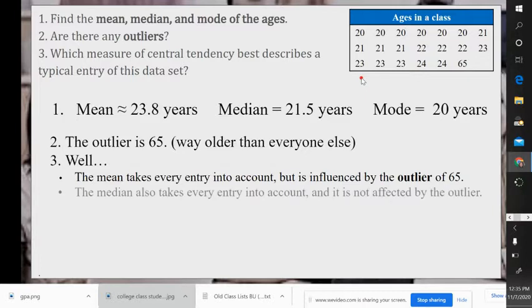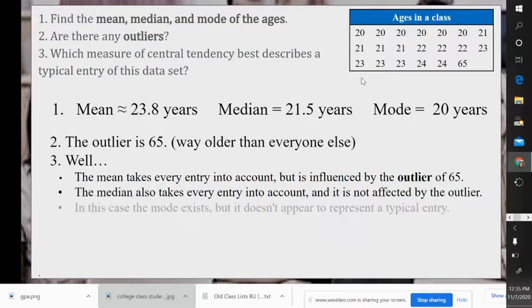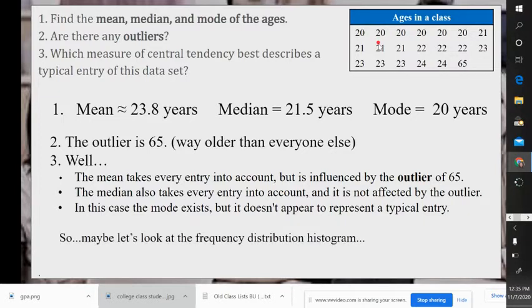It's a guess. The median takes everything into account, but that 65 doesn't really mess with it. And the mode, there's definitely a mode, but it's the smallest number on here, so I don't really know if that's a good way to do this.